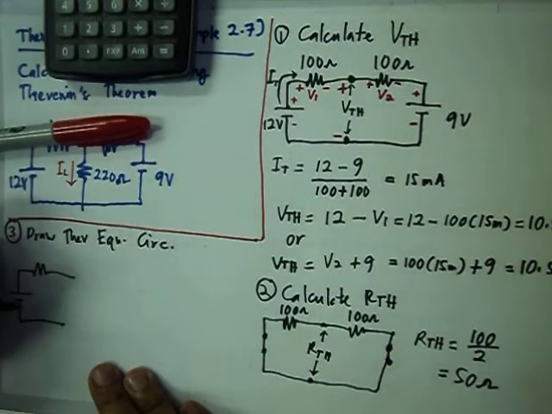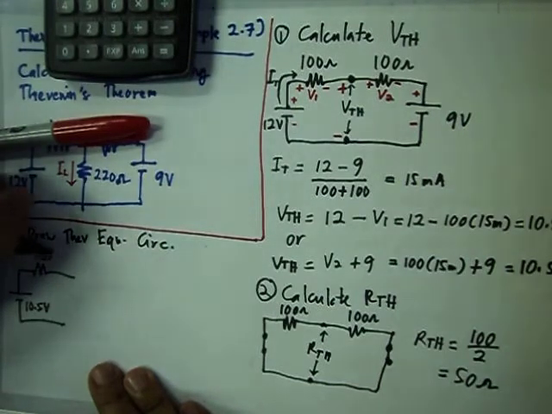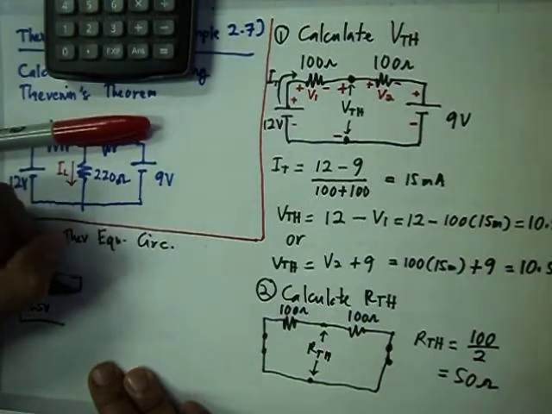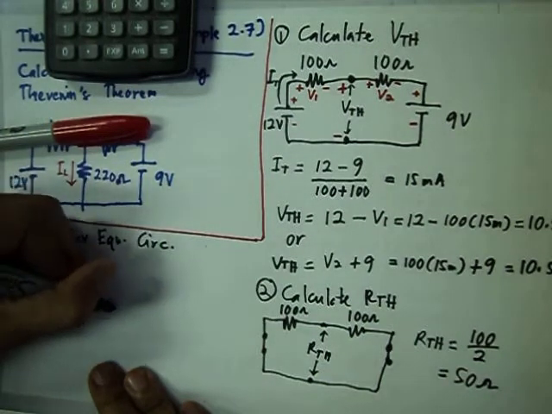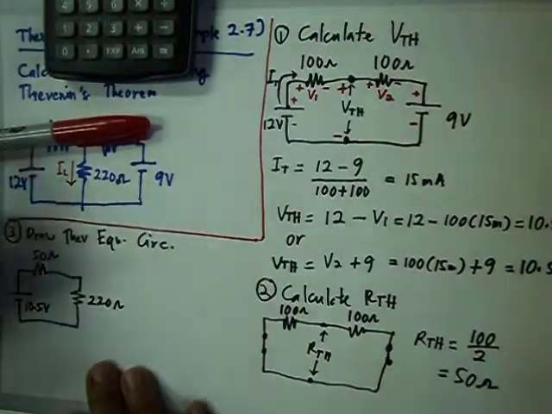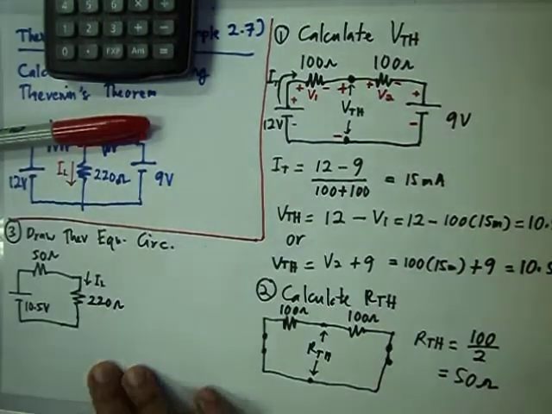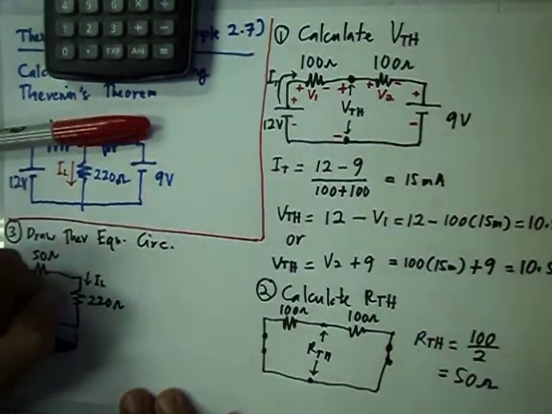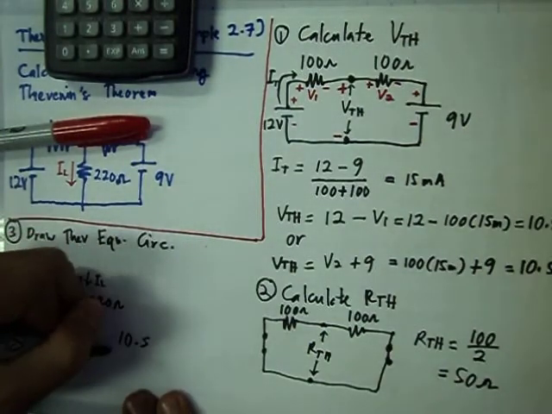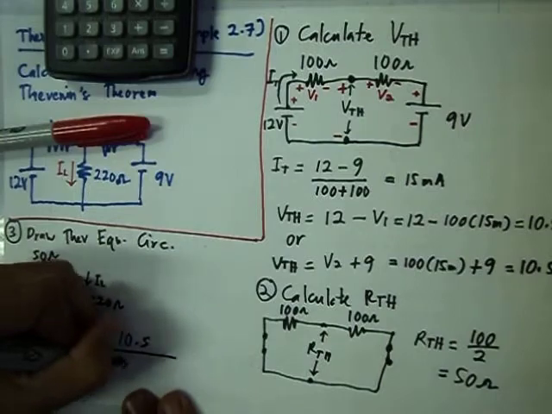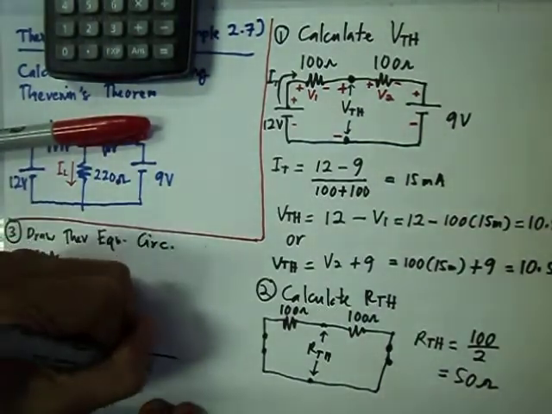We have VTH 10.5 volt, RTH 50 ohm, and then we place the 220 ohm resistor here, which is your RL, and this is your IL. So your IL equals 10.5 divided by 50 plus 220.